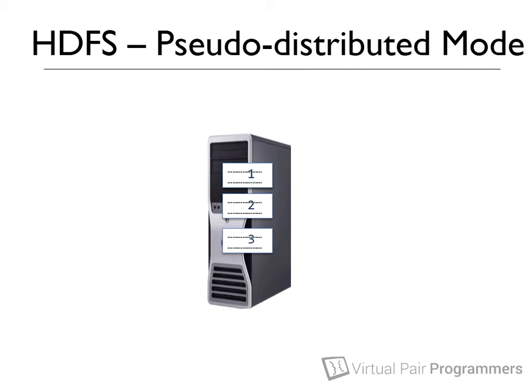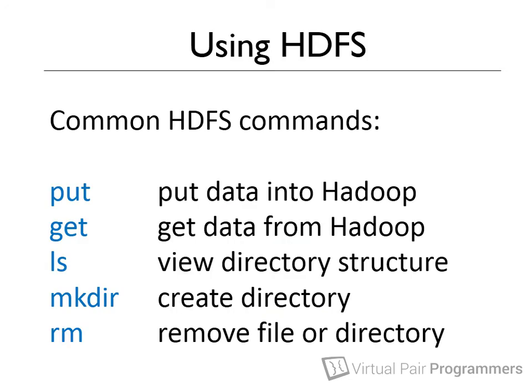The HDFS tool presents the information as though it was in a single file system with what looks like standard files and folders. As developers with Hadoop, we need to know how to put data in, get data out of Hadoop, view the folder structures, and manipulate the folder structures, for example to create folders and add files. A list of the common commands that we'll use are on screen now.